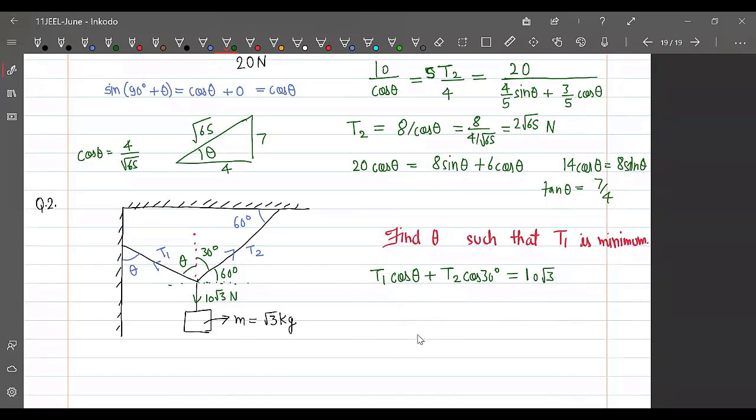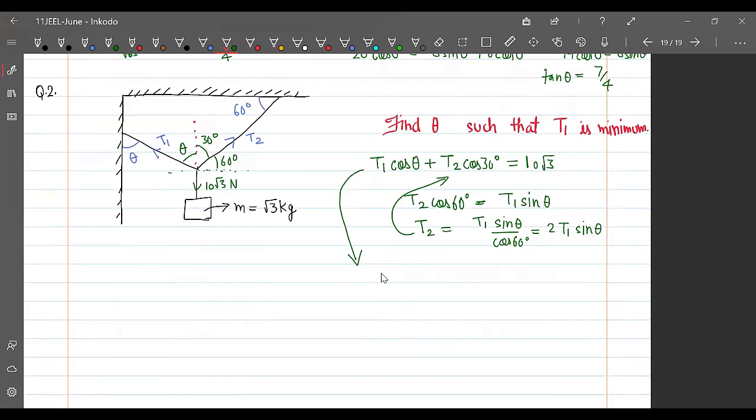From here, you can remove T2. T2 will come out to be T1 sine theta by cos 60. Cos 60 is half. That will be 2 T1 sine theta. I can put T2 here, and that will give this equation as T1 cos theta, T2 is 2 T1 sine theta.